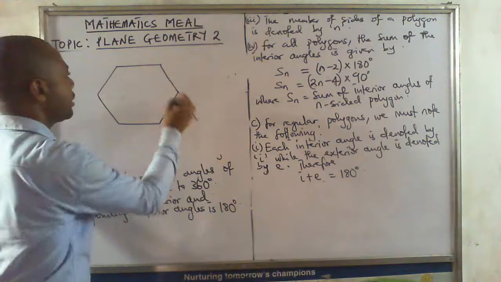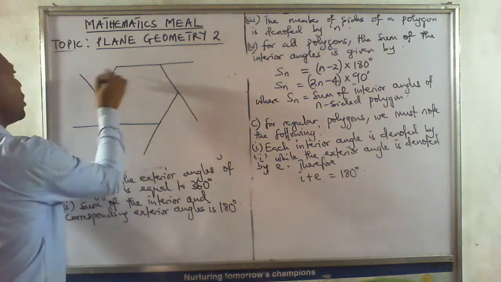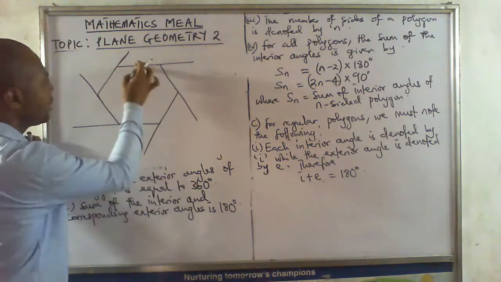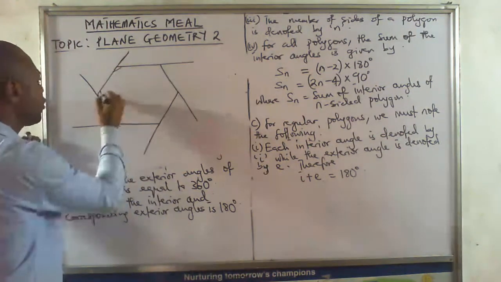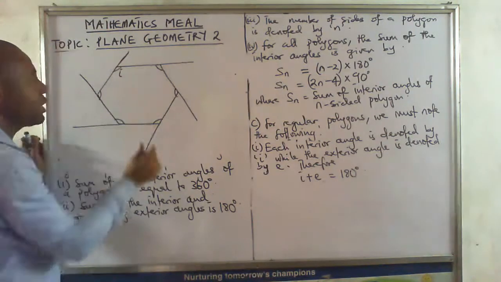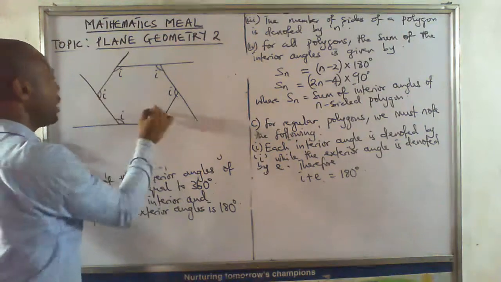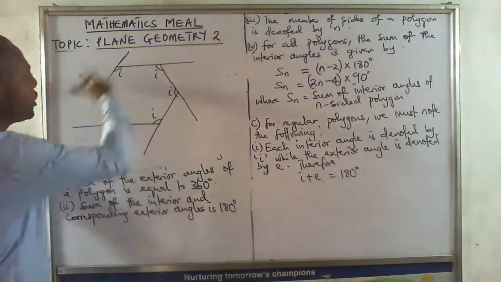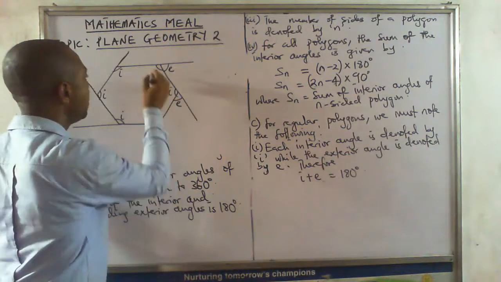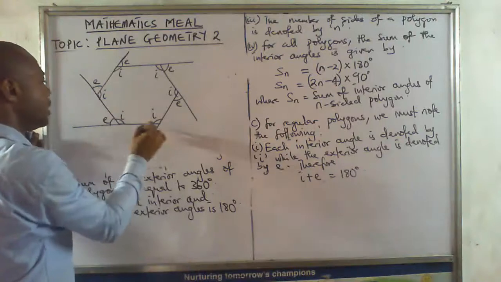And then I can extend the sides this way, that way, that way, that way, and maybe that way. Now, if this is regular, the sides are equal and the angles are also equal. So we can say that each interior angle is I. Then the exterior angles are also equal to each other, so each of them is E.